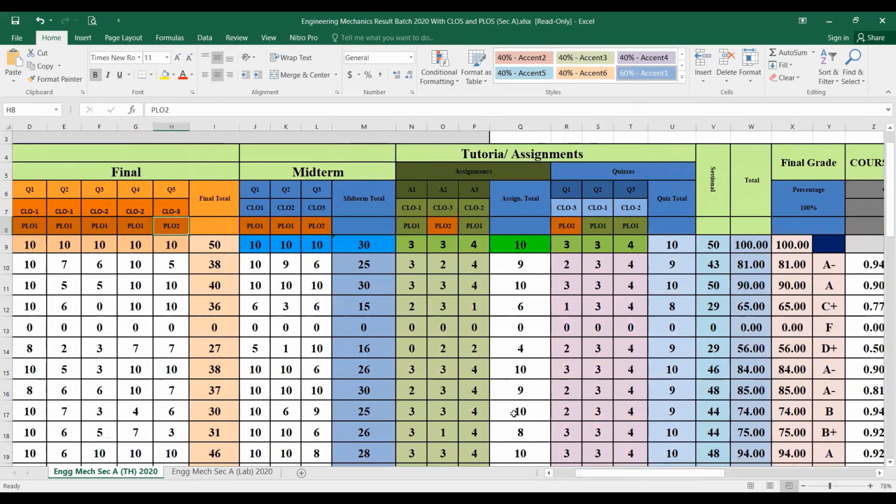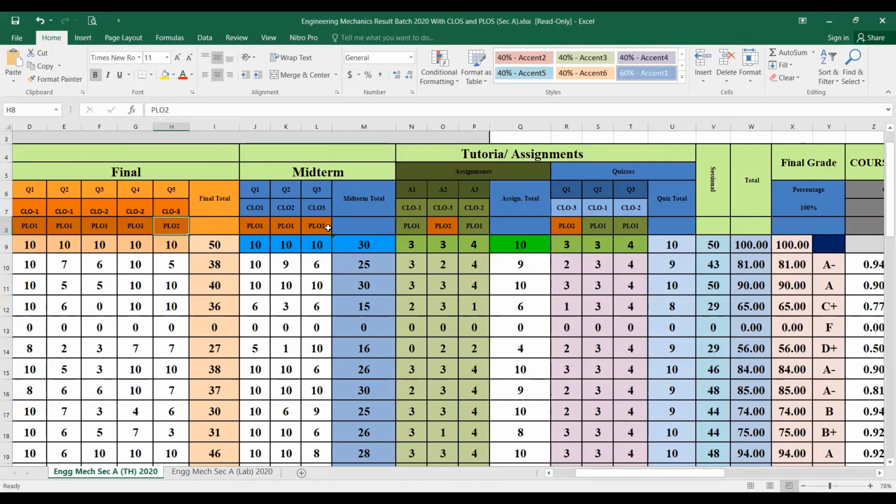Next is the midterm activity, and I have given 3 questions in the midterm activity, and there were 3 CLOs. It's totally up to you if you want to give 3 questions, or question number one on CLO1 and questions two and three on CLO2.